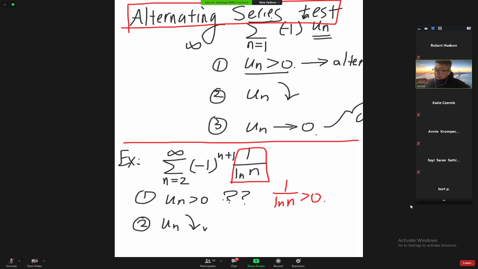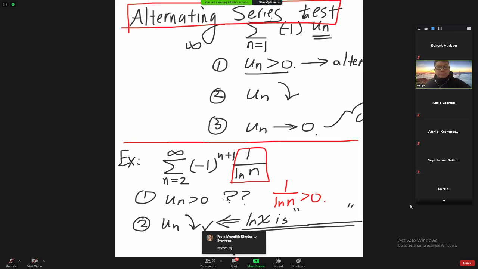The reason is, natural log of x is, fill in the blank, what? It's an increasing function. Very great. Natural log of x is an increasing function, but we put 1 over it, so it becomes a decreasing function.